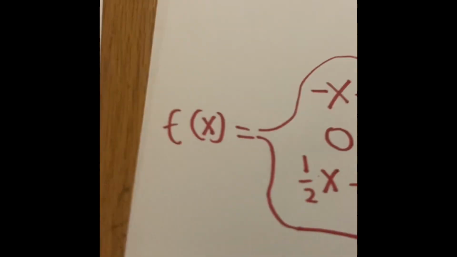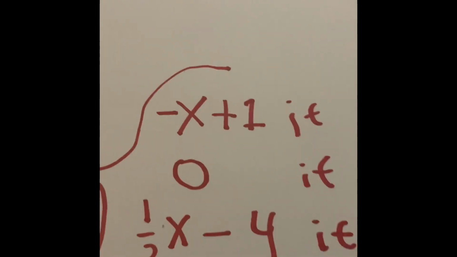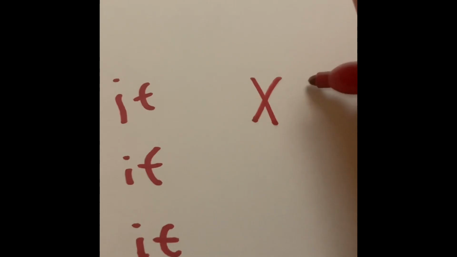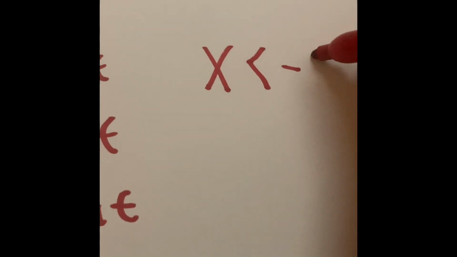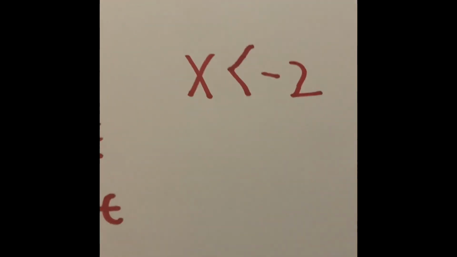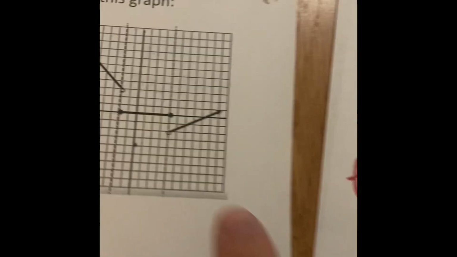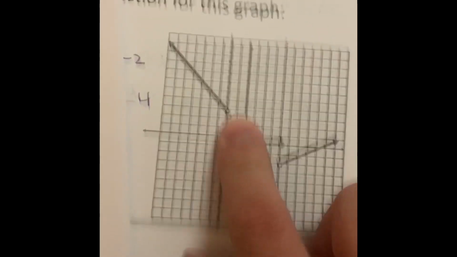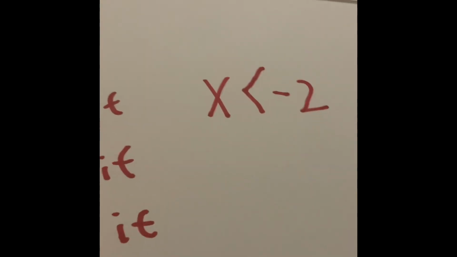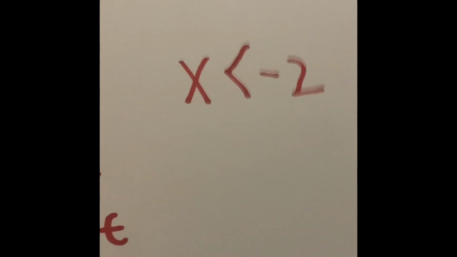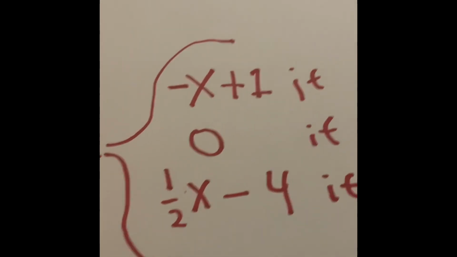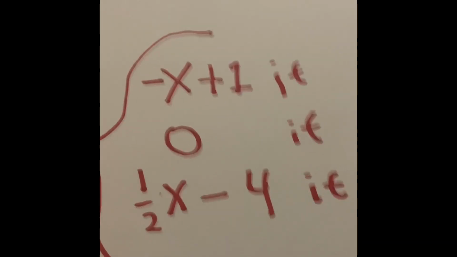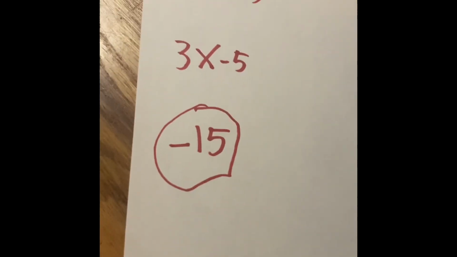So x has to be less than negative 2. That is going to be the inequality for this situation, because here's negative 2 on the x-axis, and any number that is less than negative 2 is going to work, and it allows you to use negative x plus 1 for this piece.